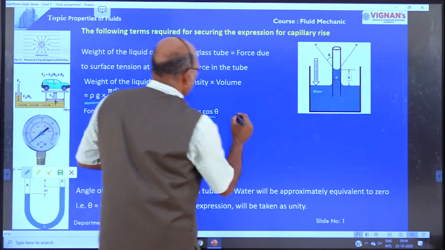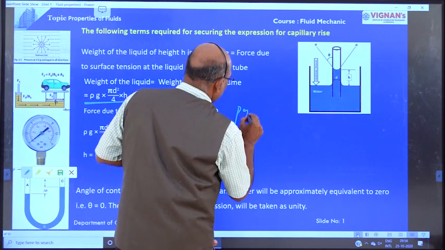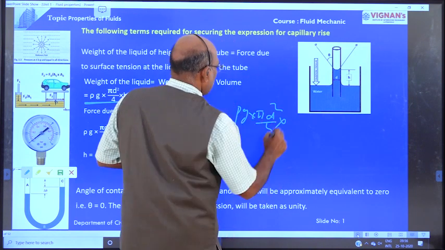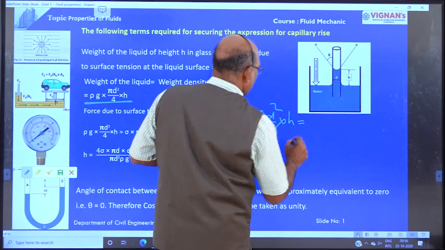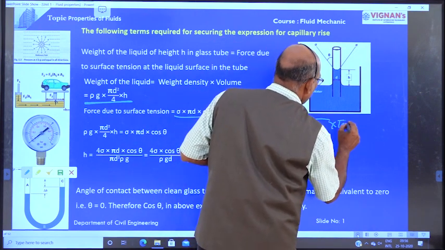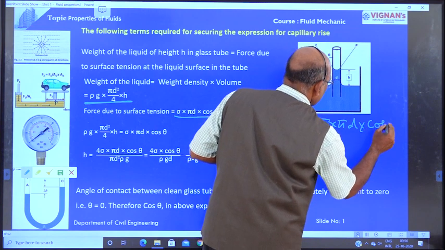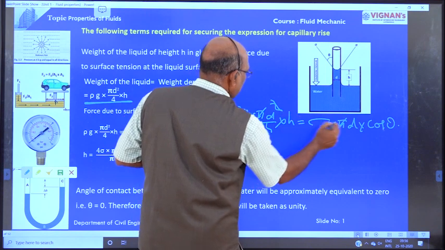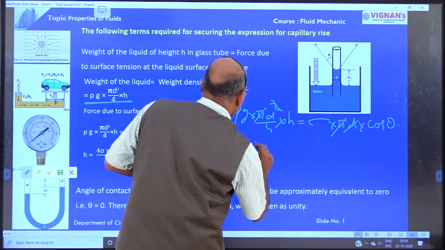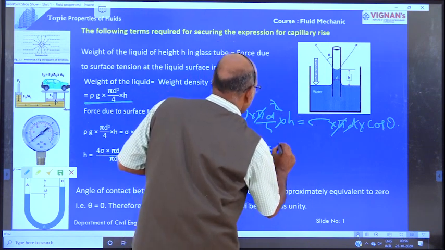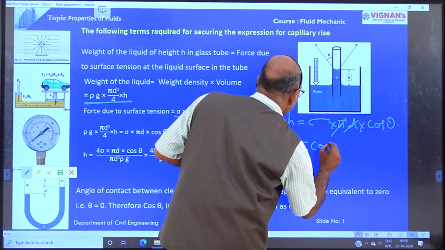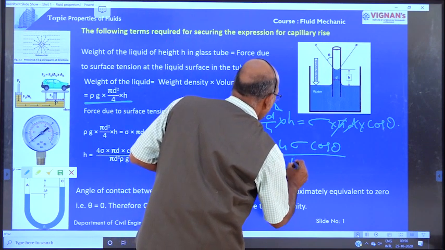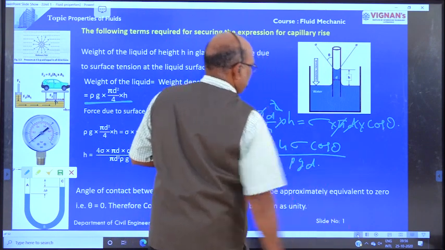Equating these two, pi cancels, d also cancels, therefore h, the capillarity rise, is equal to 4 sigma cos theta divided by rho g d.